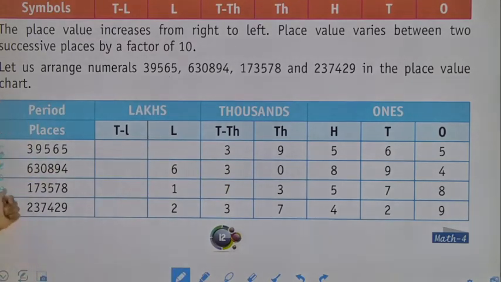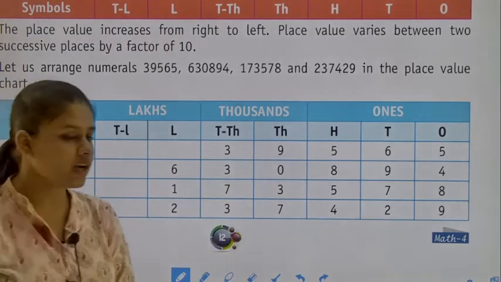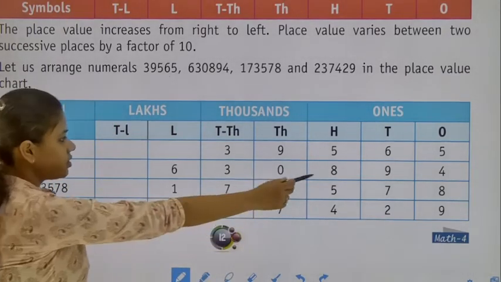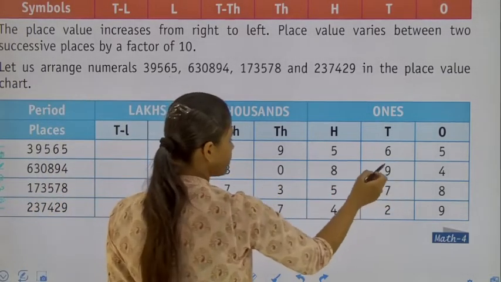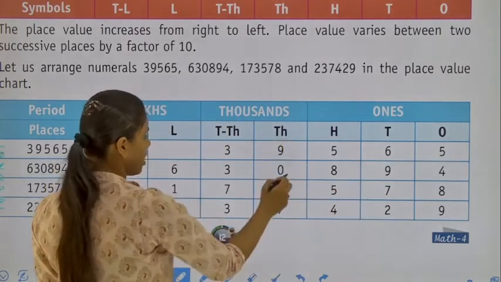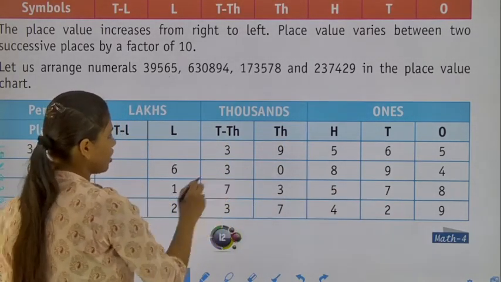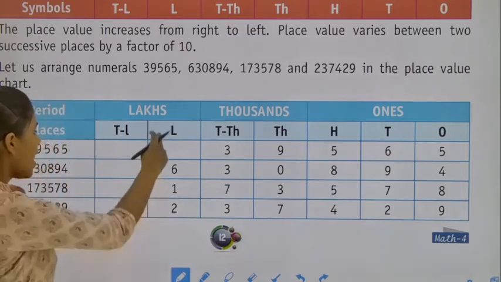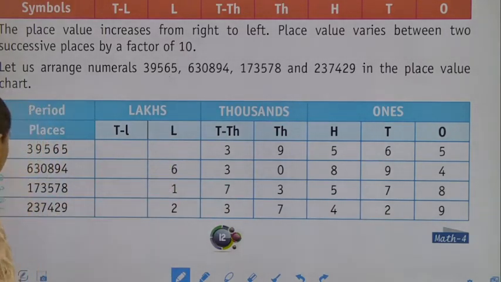Next one, this is 63,894. So what have we done, students? Ones, that is 4, tens, that is 9, 8 that is 800, 1000 that is 0 and 10,000 that is 30,000 and in lakh that is 6 lakh. So what has this become, students? 6,30,894.